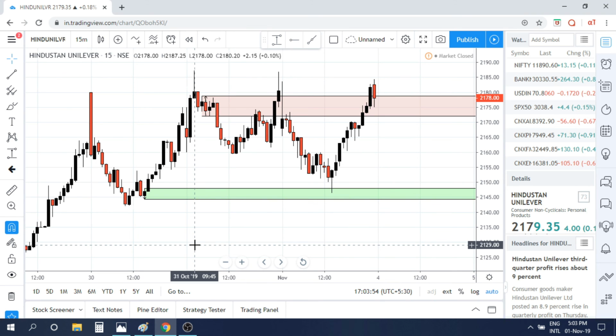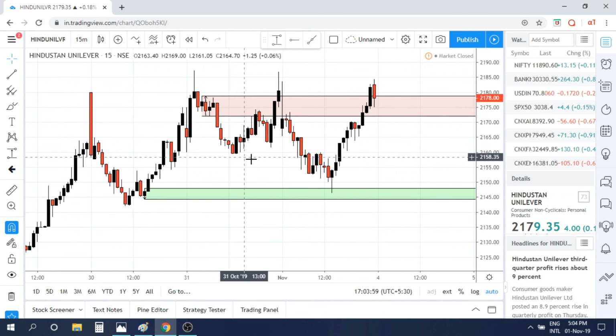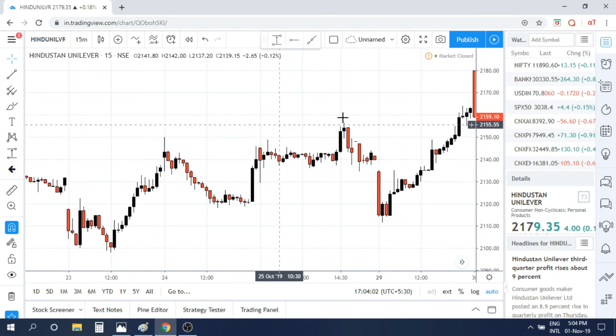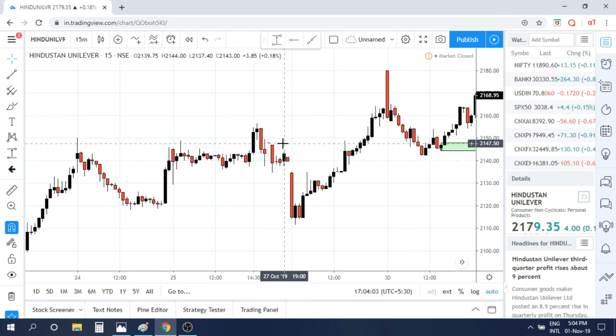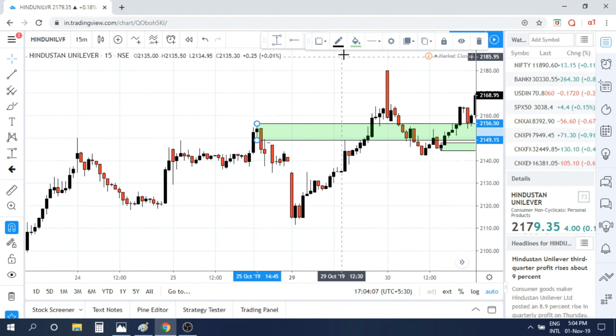So this is the supply zone. This one we have marked drop base drop. Let's see. Okay, this is a rally base drop. Again, a single basing candle area. So this is how you would mark this.